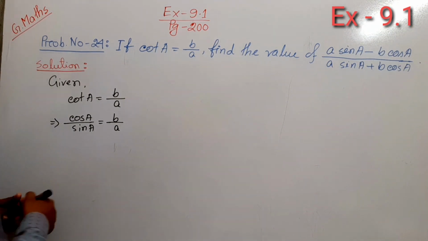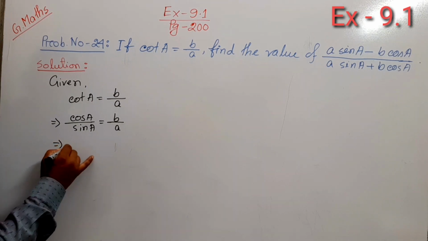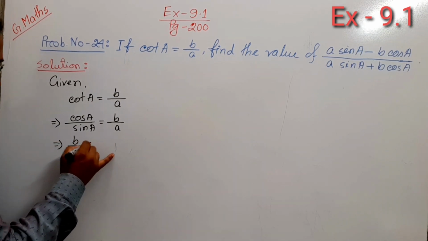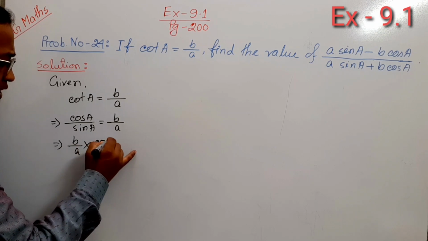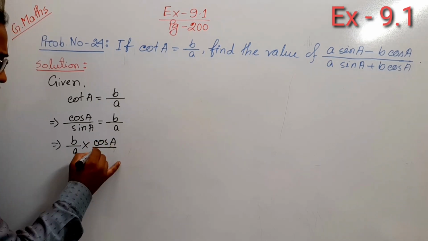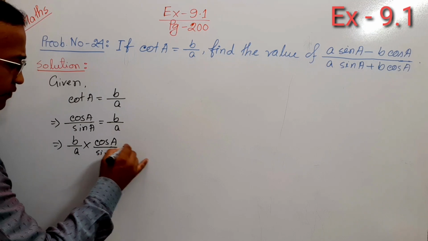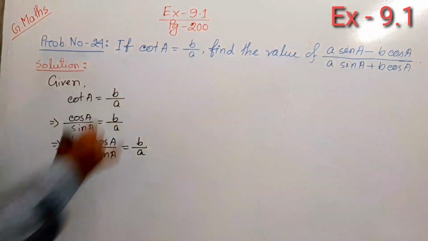So if we multiply both sides by b by a, we will get that product, sin A equal to b by a.